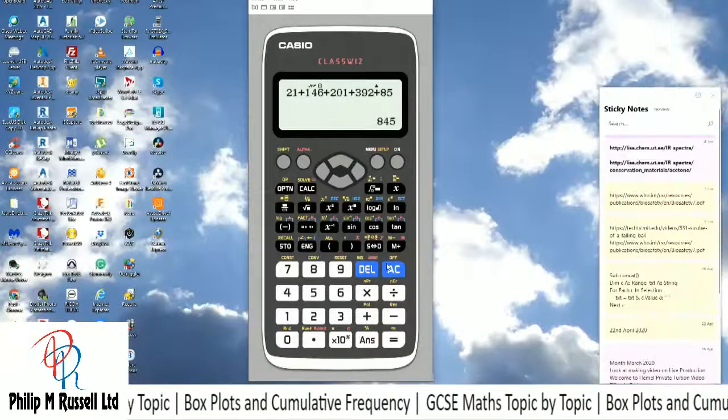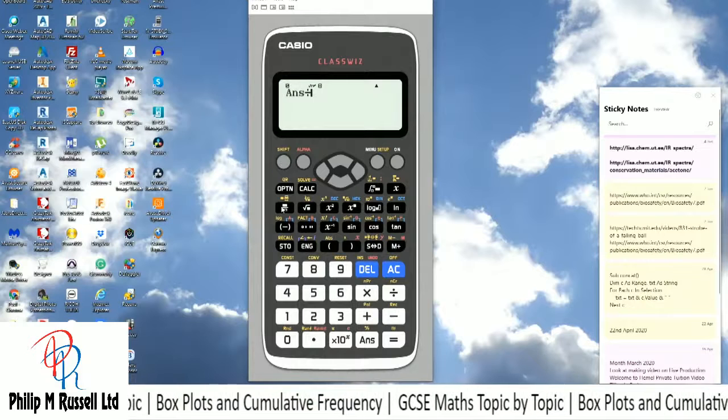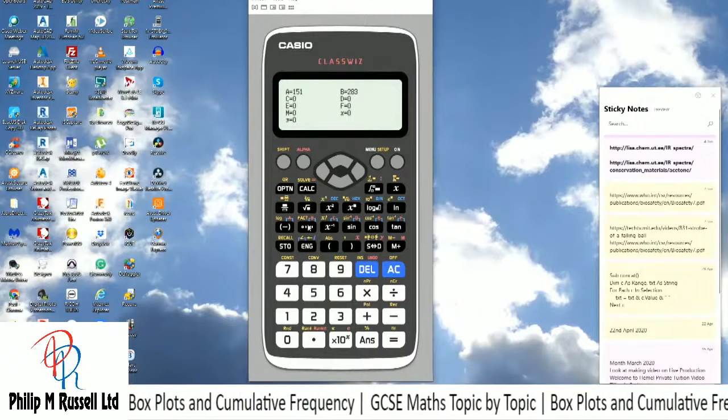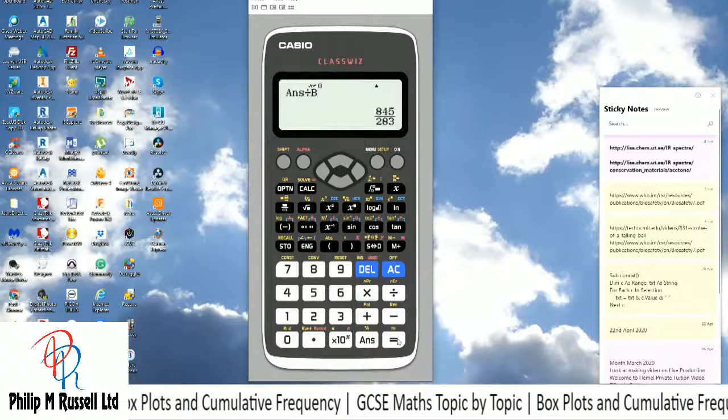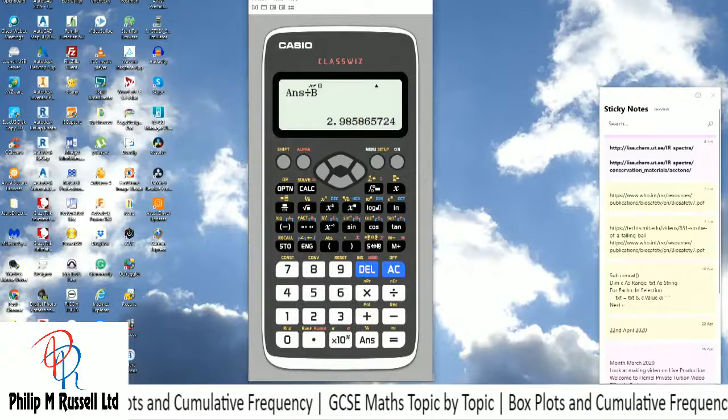So on the calculator I've got that number, and I want to divide that by shift, recall, memory B, and that gives me 2.98.